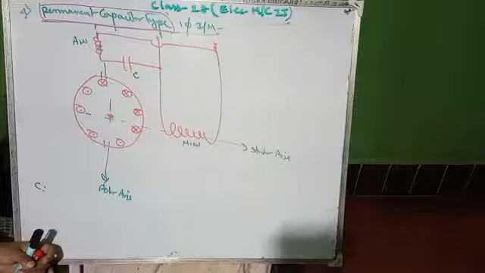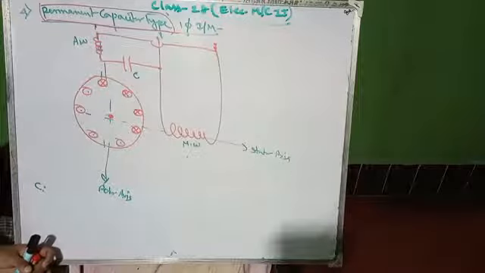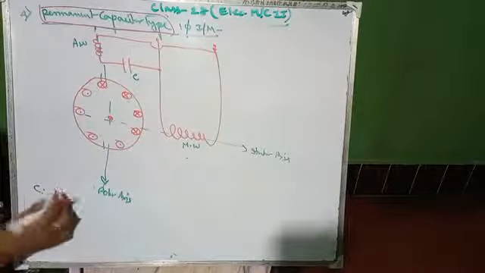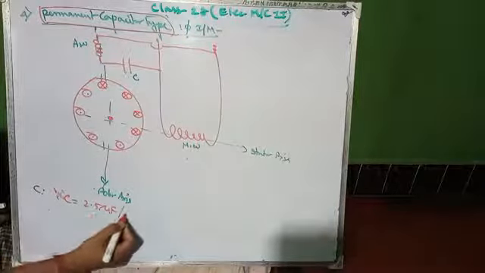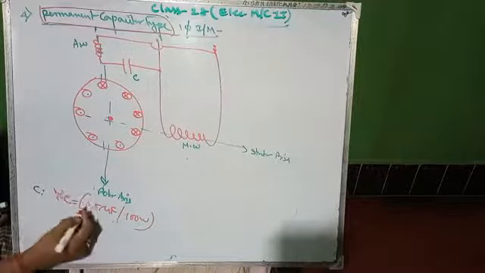The power rating for the capacitor should be 100 watt, and the capacitance C equals 2.5 microfarad. So the capacitance value is 2.5 microfarad per 100 watt.